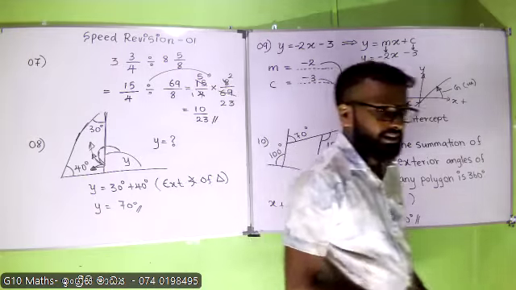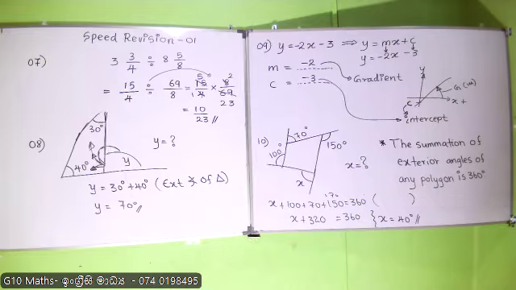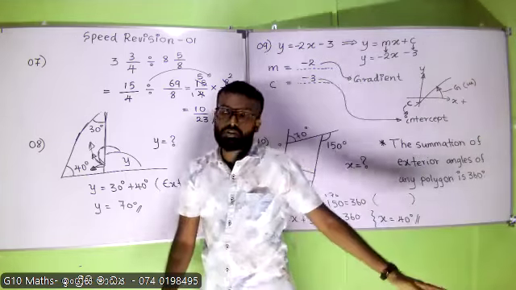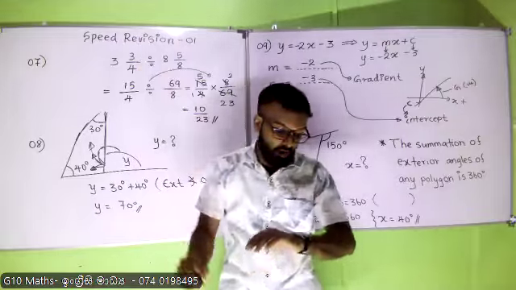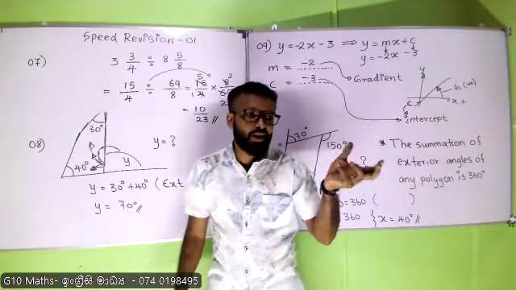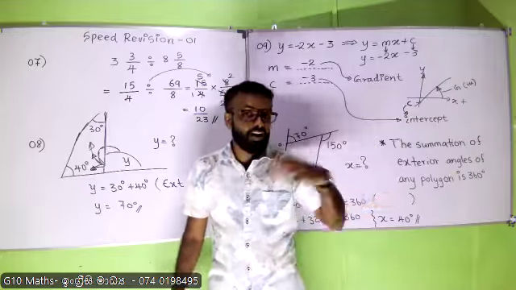Okay, guys. For today, I'm going to wind up all sessions from here. This is the 10 questions that I have covered for speed revision 1. It is 9:20. So take the dinner, so that it won't be a problem, right?